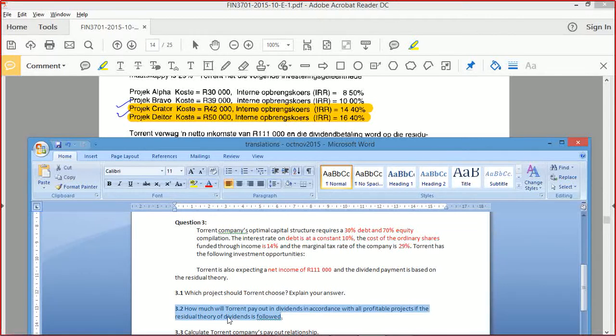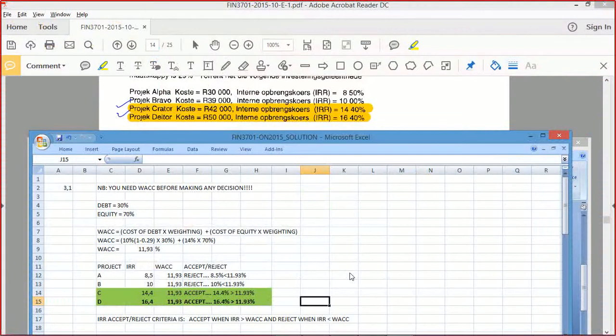Question 3.2 said, how much will the company pay out in dividends in accordance with all profitable projects? So that means choosing C and D. That's quite easy, so work it out. Let's see what you get. Can you put the project stuff up so I can check it? Okay, so we've got 110,000 rand.